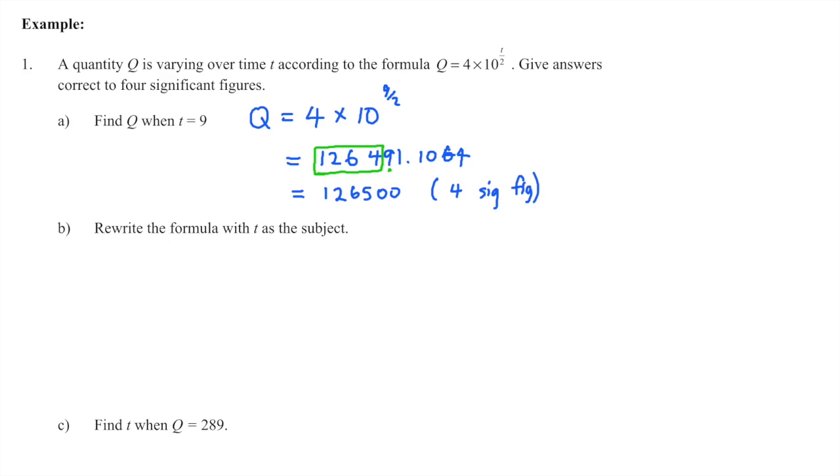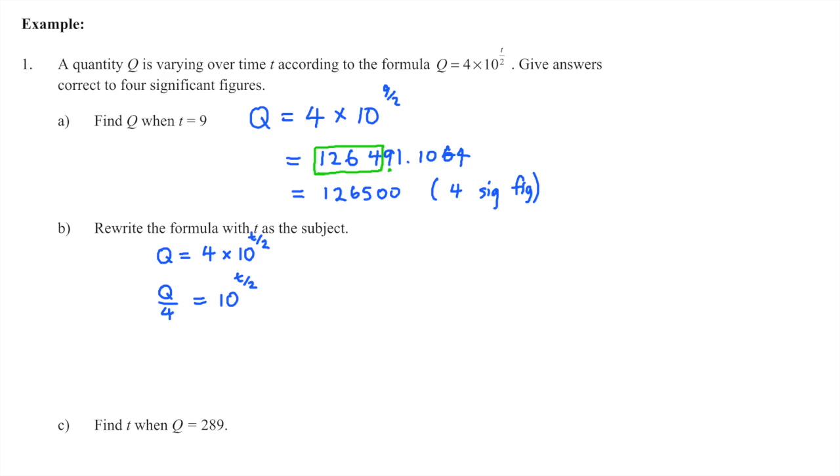Now we want to rewrite that with t as the subject. We know that the formula is Q equals 4 times 10 to the power of t over 2. The first thing I'm going to do is divide both sides by 4. That will give me Q over 4 equals 10 to the power of t over 2.